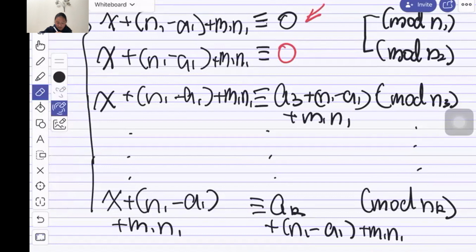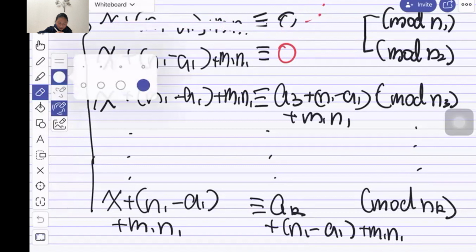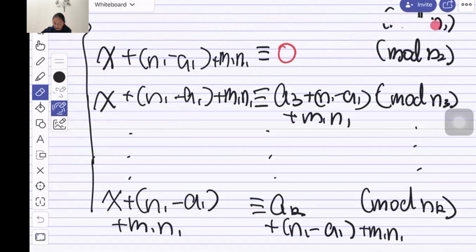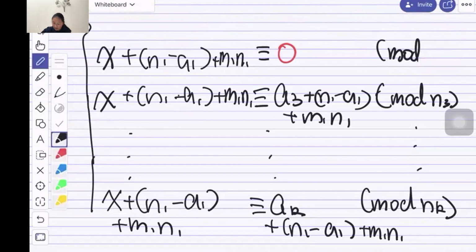Let's get rid of this, and instead of having it like that, we're going to change this part into mod the LCM of n1 and n2.